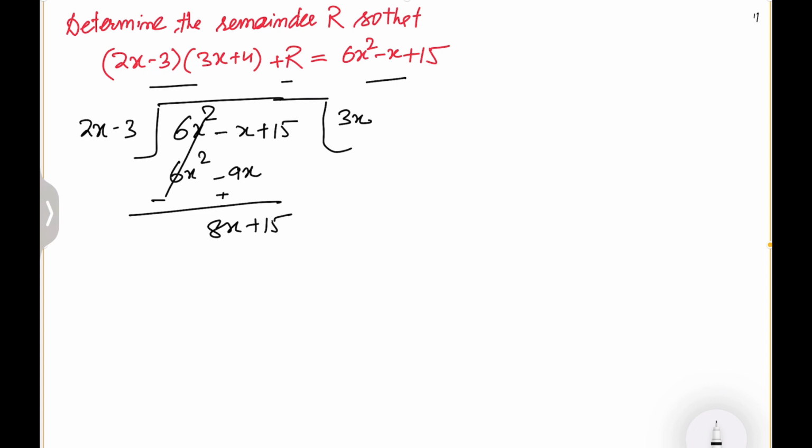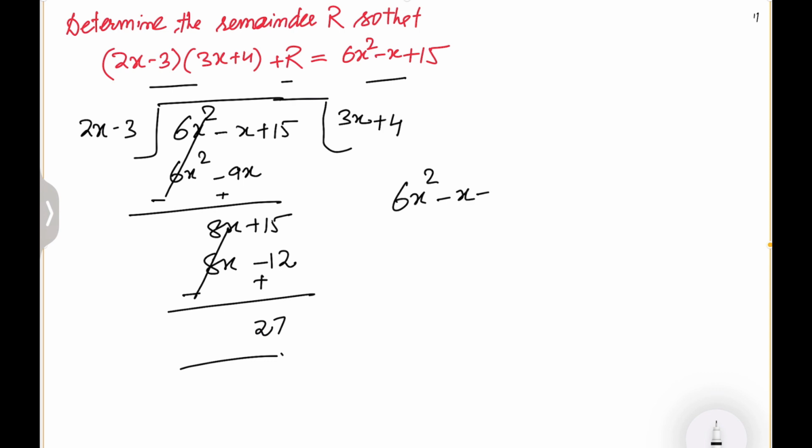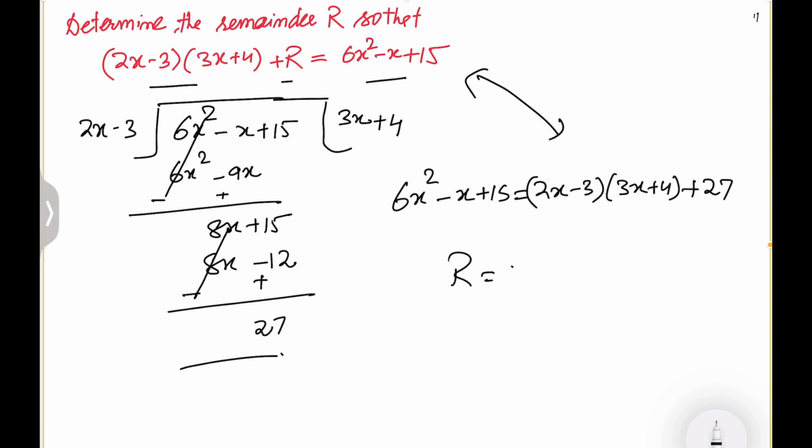The next term in the quotient will be 4, giving 8x minus 12, and subtracting, we get 27 here. Write the divisibility statement here: 6x squared minus x plus 15 equals 2x minus 3 times quotient plus remainder. Comparing these two, r is 27.